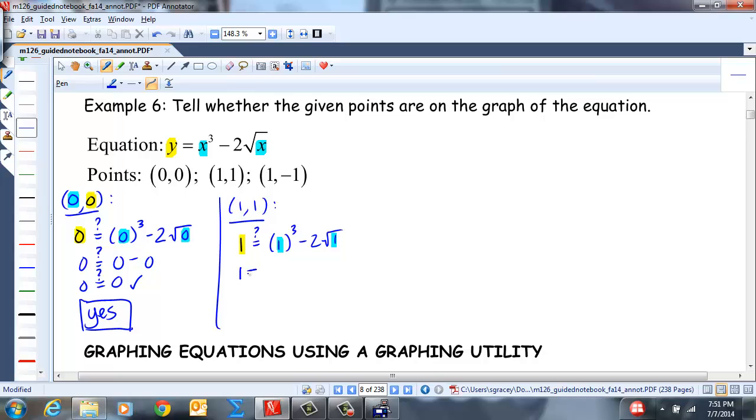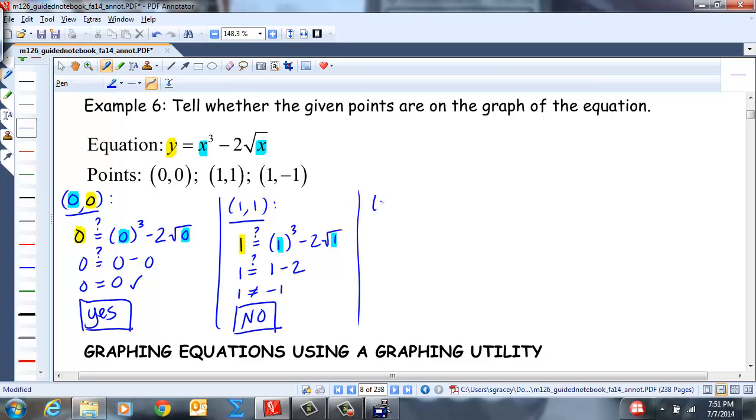So is 1 equal to 1 minus 2? 1 is not equal to -1, right? So we would say no. On this one, actually, let's take the question mark off that last statement because we found that it was true. So this ordered pair is a great ordered pair. It just doesn't happen to be on the graph of this equation.